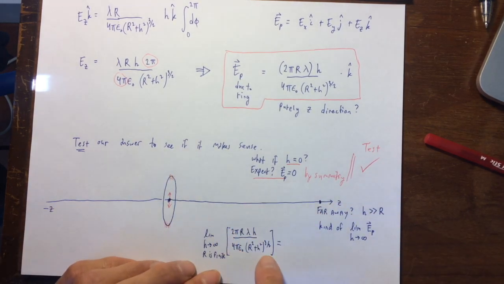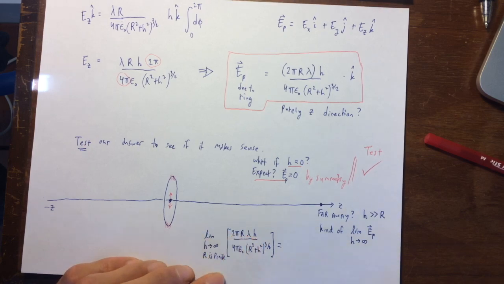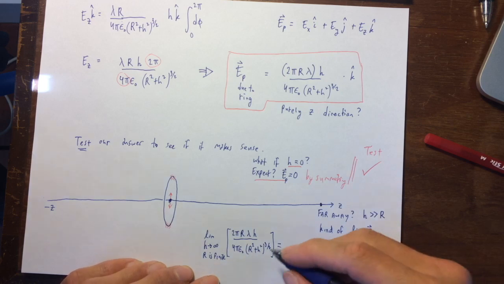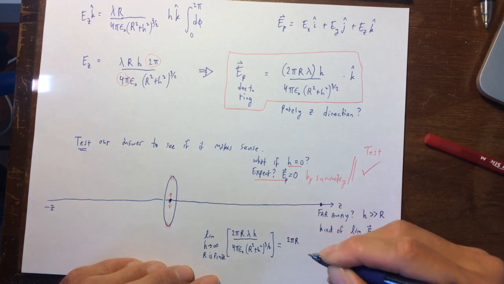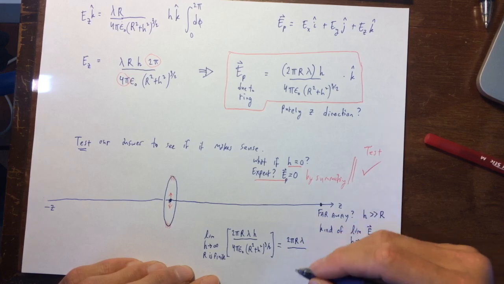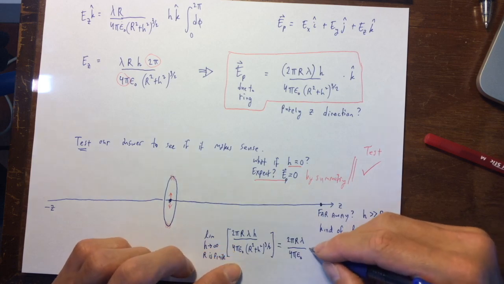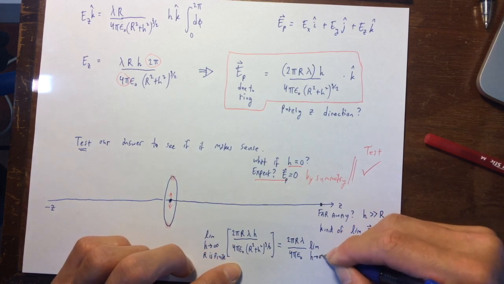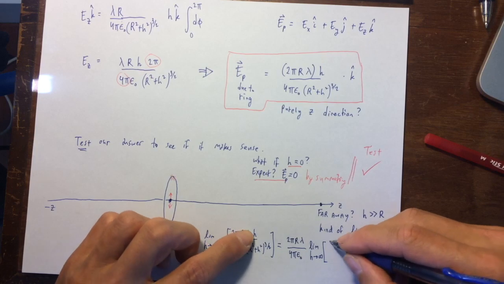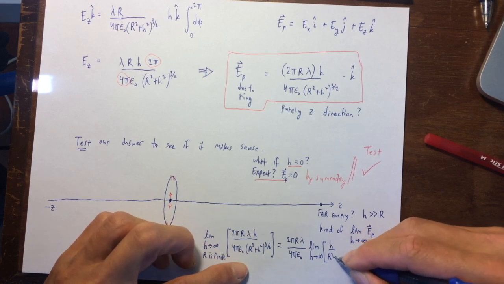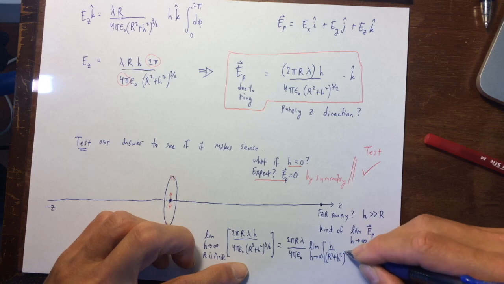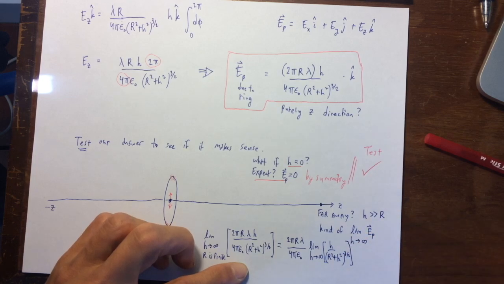There's a bunch of stuff in this expression that has nothing to do with this limit: the R, the lambda, the 2 pi, the 4 pi epsilon naught. So this is equal to 2 pi R lambda divided by 4 pi epsilon naught, and then the limit as h goes to infinity of h divided by (R squared plus h squared) to the 3/2 power.